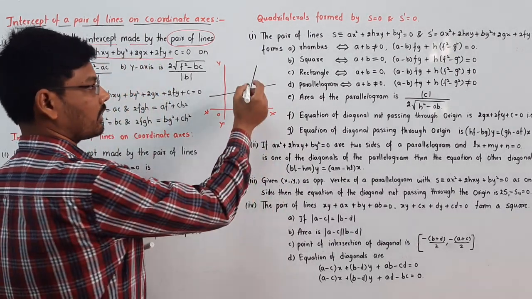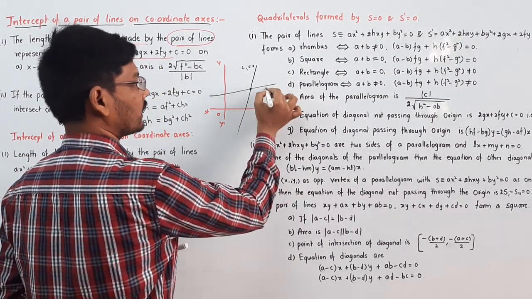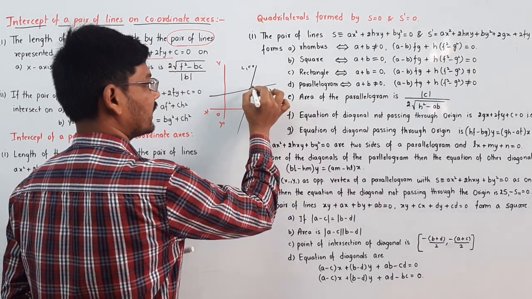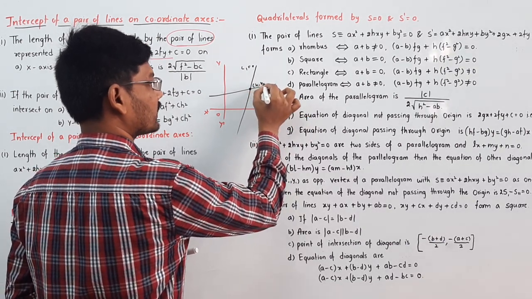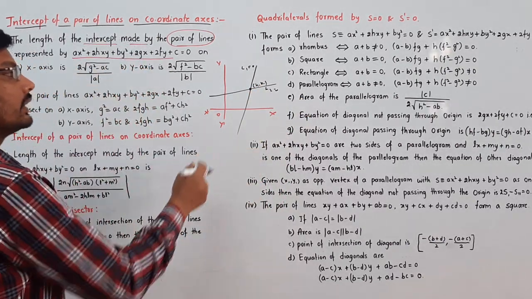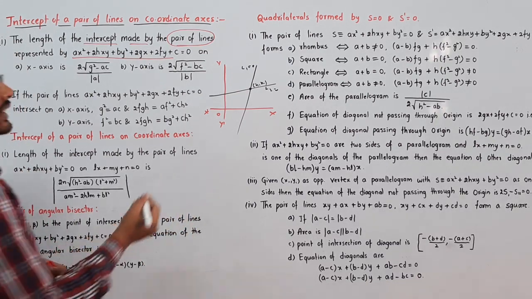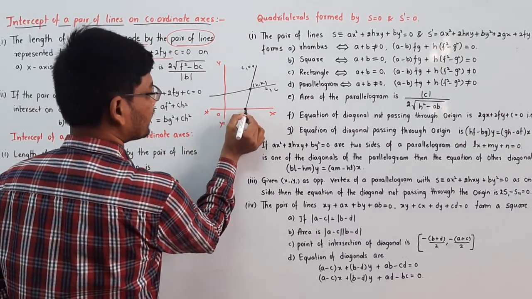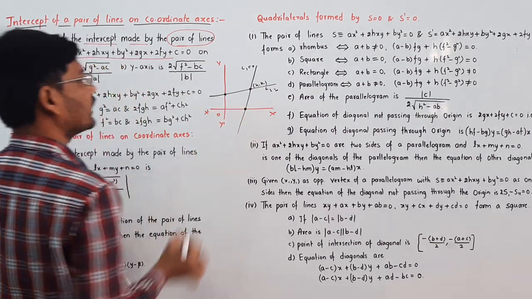This is the pair of straight lines, L1 is equal to 0 and L2 is equal to 0. They are intersecting at one point, that is h comma k, and these two lines are intersecting on the x axis and y axis.